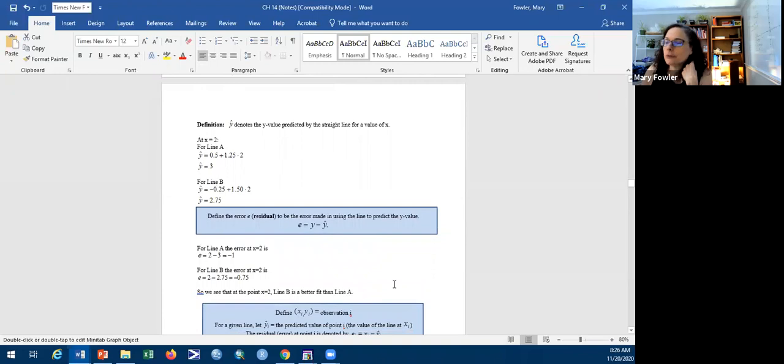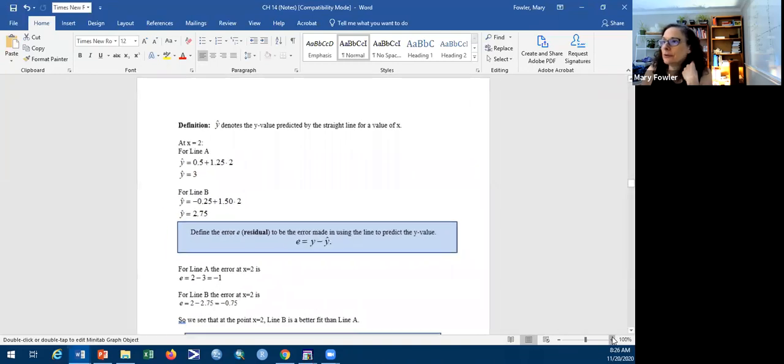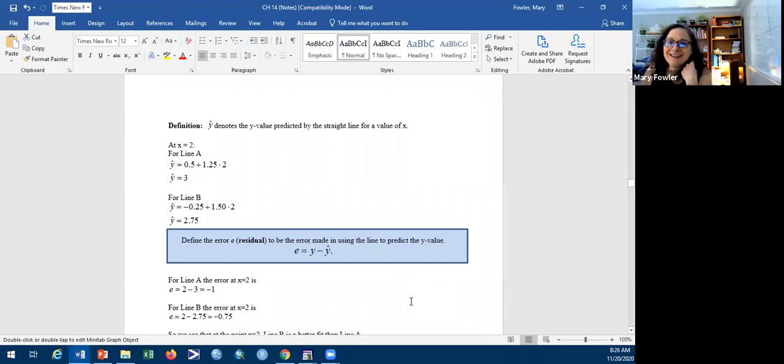So what we're going to do is use some of the notation we looked at over in the weight of the books and the pages. We have this little hat notation. So y hat denotes the y value predicted by a straight line for a value of x. And so when we put x equals 2 into our equation A, we have 0.5 plus 1.25 times 2, or y hat is equal to 3.